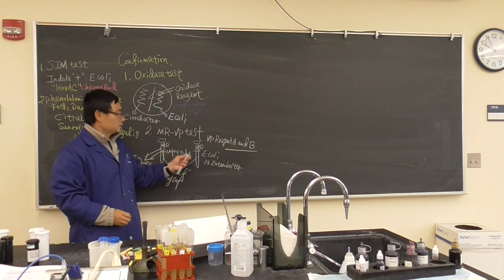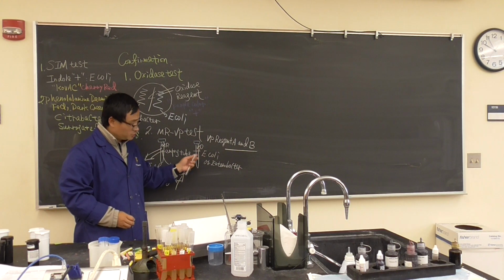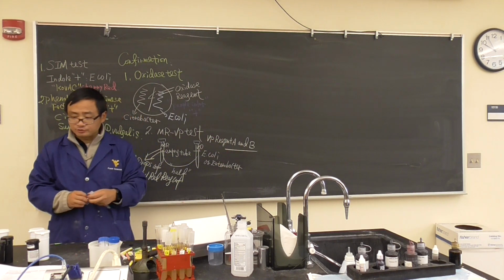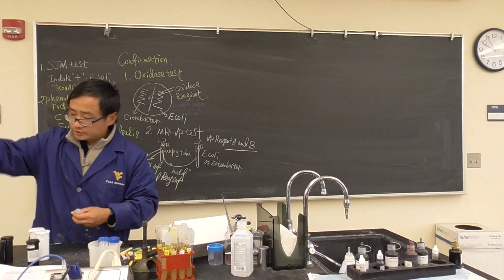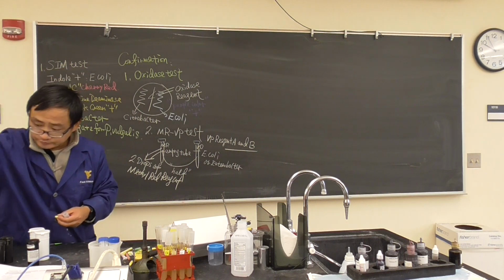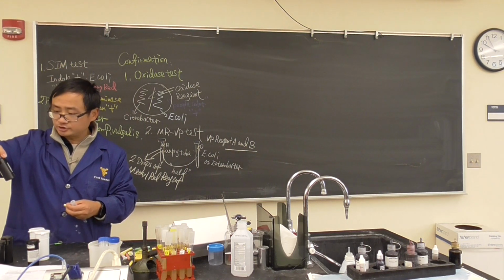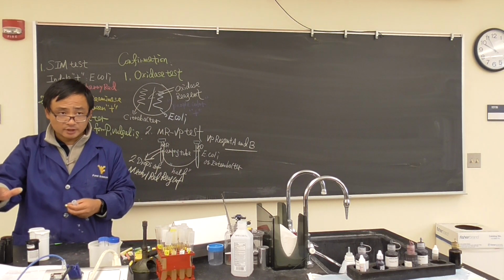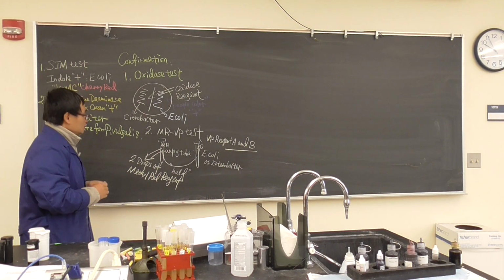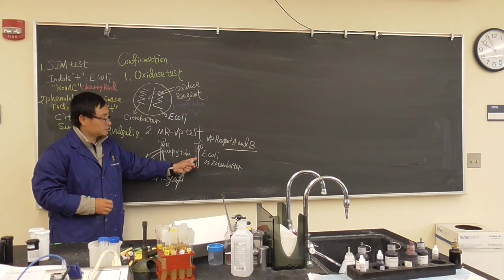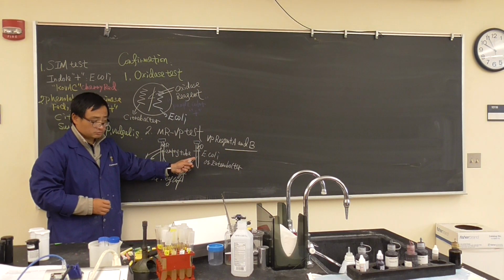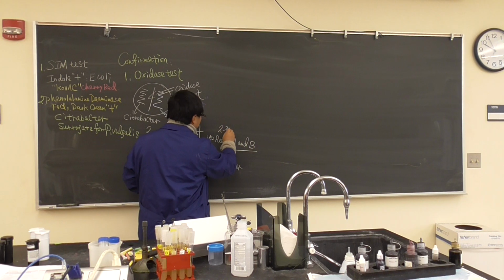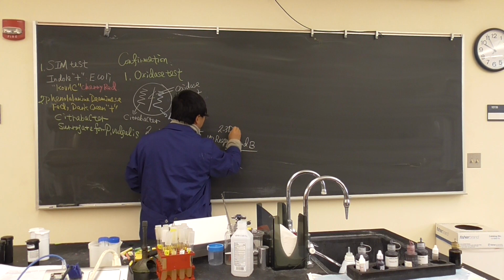VP, we need to test in the leftover solution in the tube. We add VP reagent A and VP reagent B is right here. This is the VP reagent B, and this is the VP reagent A. There are a couple here, you can grab them and return to the front desk. And you drop 2 to 3 drops of each.